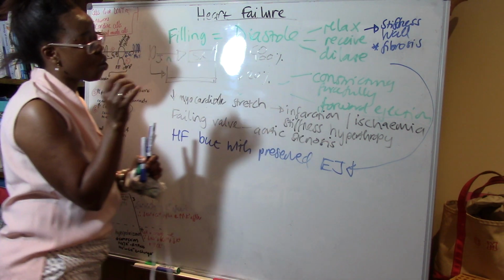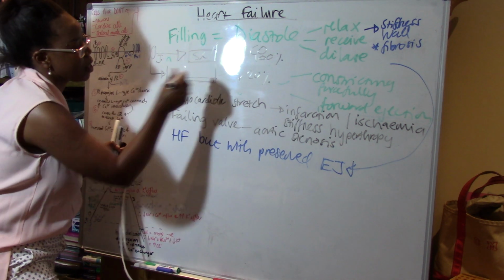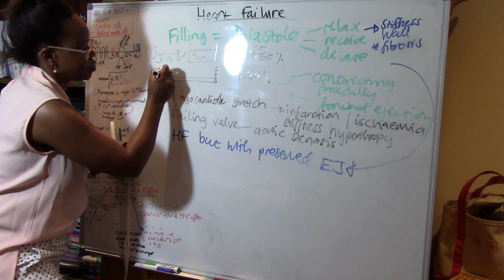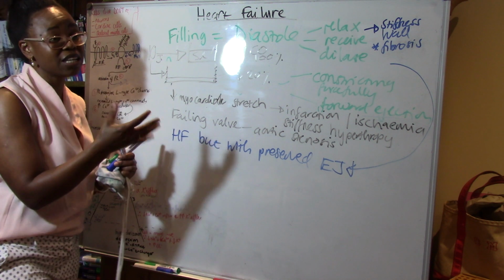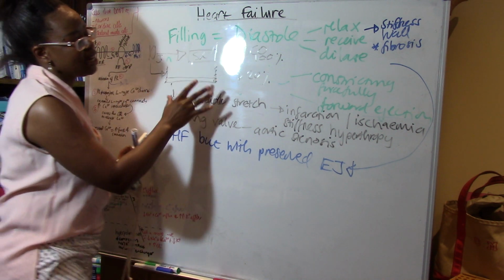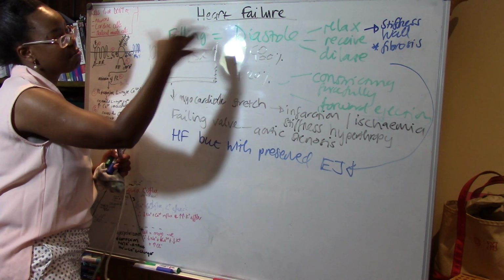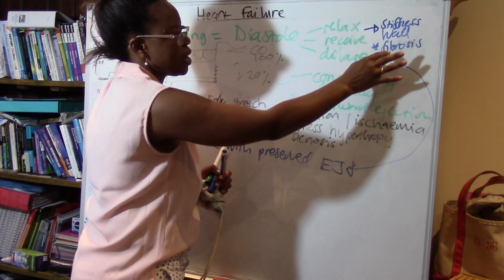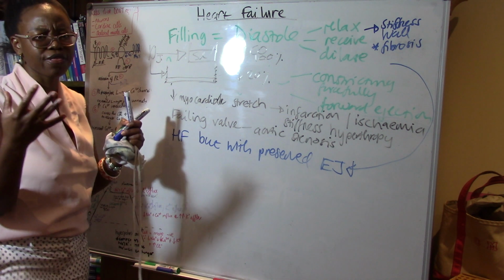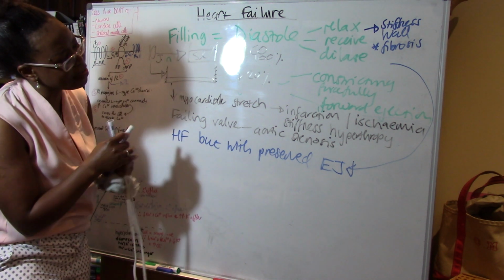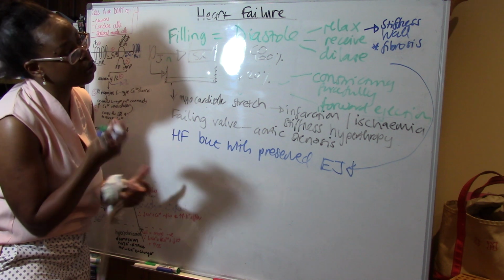Or we can have a concentric, where the walls, the muscle fibers themselves actually enlarge and become bigger, but then eventually will lead to things like hypertrophy and fibrosis. So although it sounds like it's a good thing when it happens, it can then cause pathology to occur.